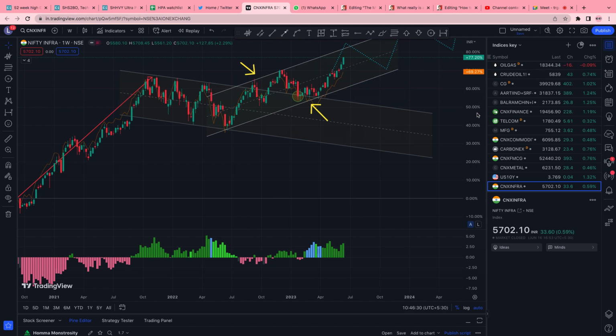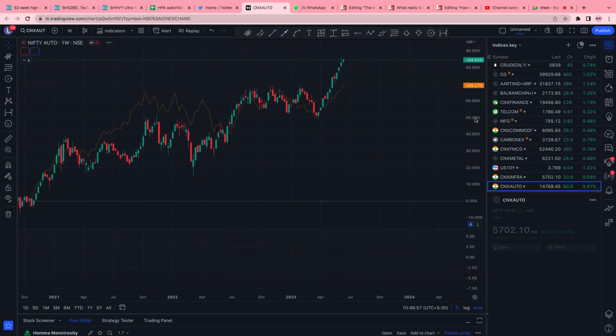Okay, infra is not as strong as some of the other names we've discussed, but surely it is stronger than many of the names we have discussed. During this phase itself, there was some outperformance, and now it's already above the previous high or all-time high. Okay, so this is also a very strong sector.